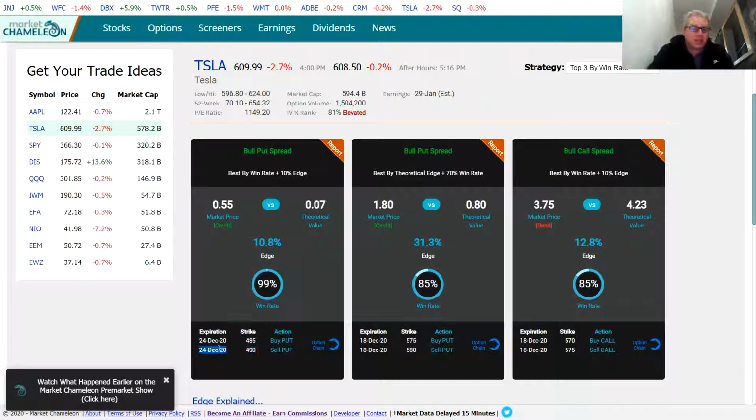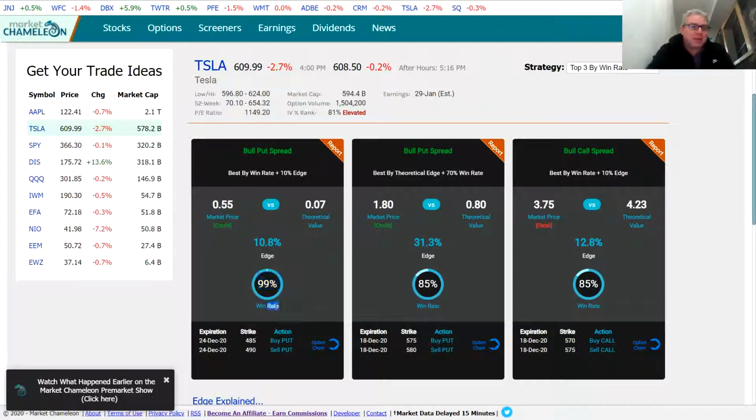You can sell for 2 weeks from now, get this, sell put 490 and buy put 485. And you collect, look at this, $55 for every contract, instead of $7. That's insane. You collect, again, $55 instead of $7 for every contract.